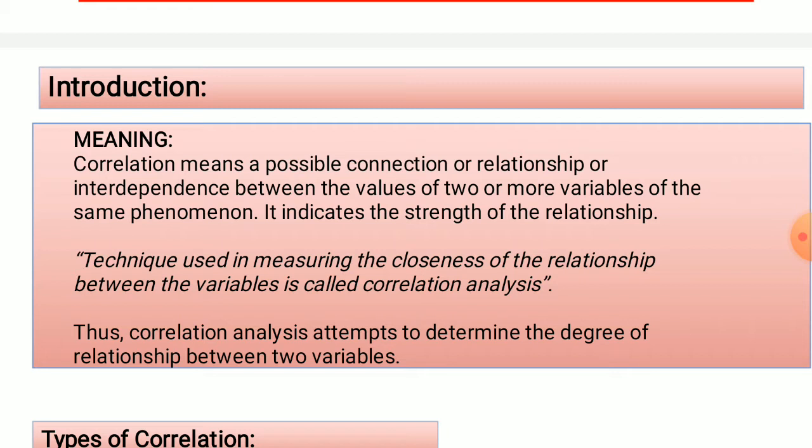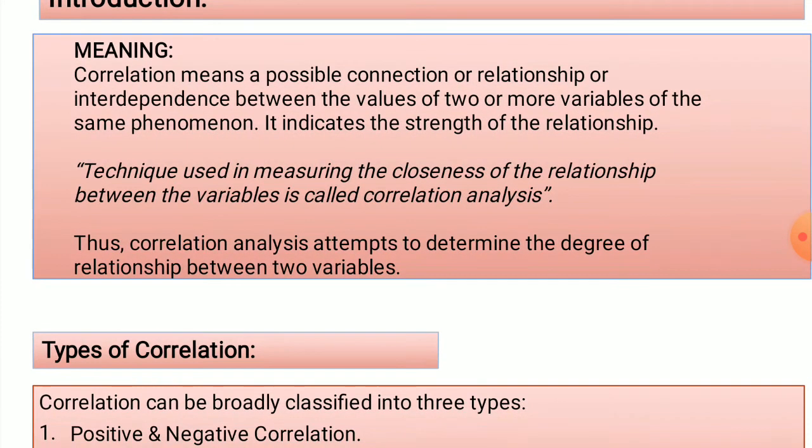And the correlation which indicates the strength of the relationship, and is a technique used in measuring the closeness of the relationship between variables, is called correlation analysis. So correlation analysis attempts to determine the degree of relationship between two variables.